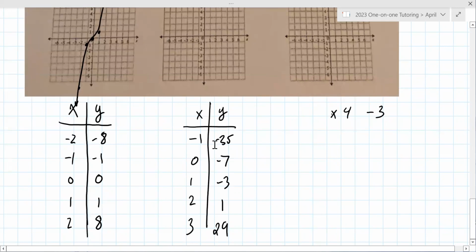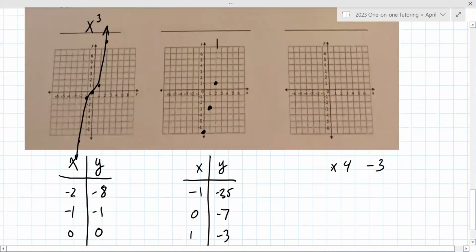So we got negative 1, negative 35, I can't graph, but 0, minus 7 I can, 1, minus 3 I can, 2, 1 I can. Okay, so that's kind of that straight line that you're asking about. It's not really though. What it is, it really kind of comes down like that. There's that curvature, and then it goes the other way. It curves down like that.